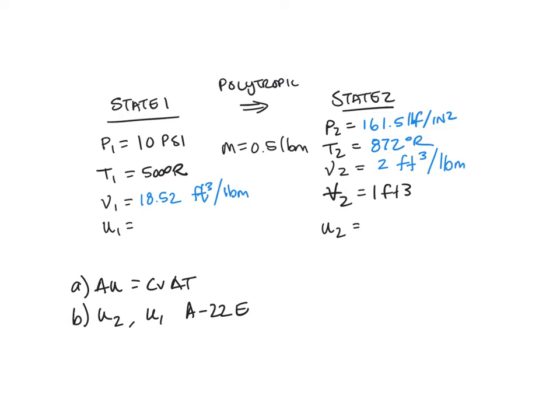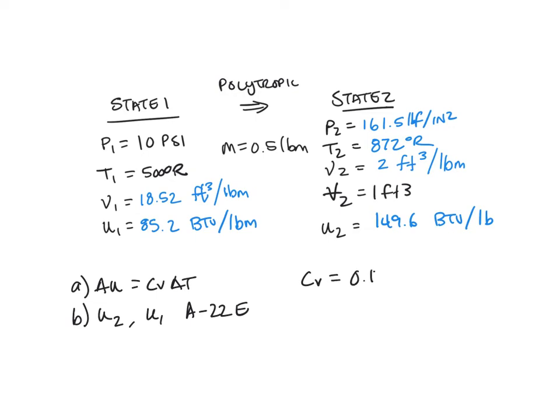We find that at state 1, we have 85.2 BTU per pound mass. And at state 2, we have 149.6 BTU per pound mass. And the very last thing we might do is look up C sub V at the average temperature.